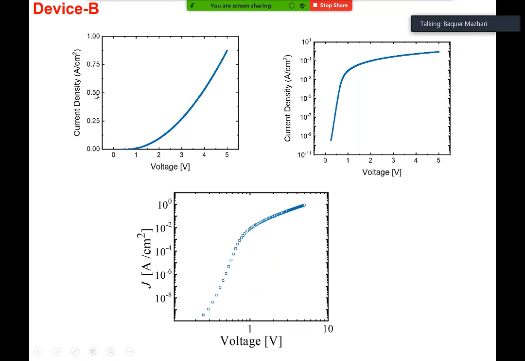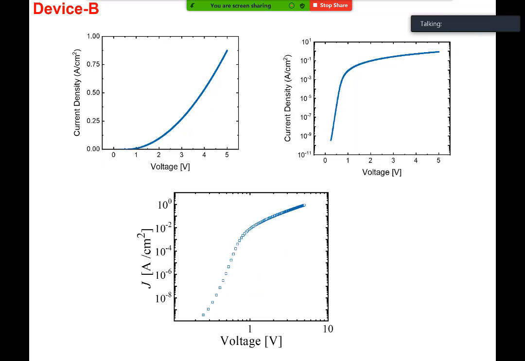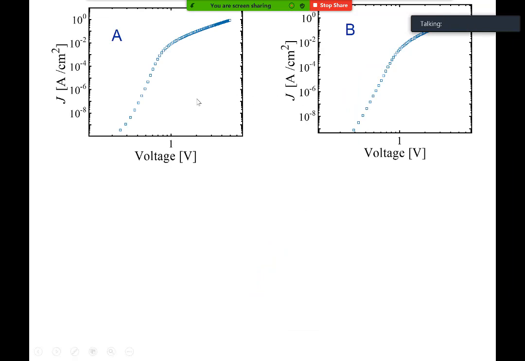Right, so device B. If we see the characteristics displayed using these three methods, and you focus your attention on B, and let me show you A, I don't think you would be able to notice any difference between A and B. Let me put A and B side by side in a log plot.